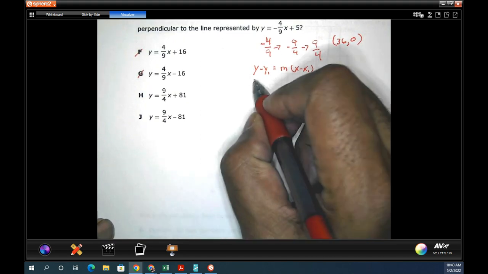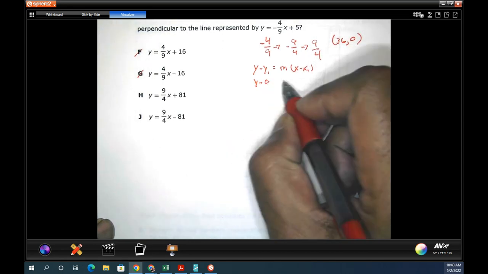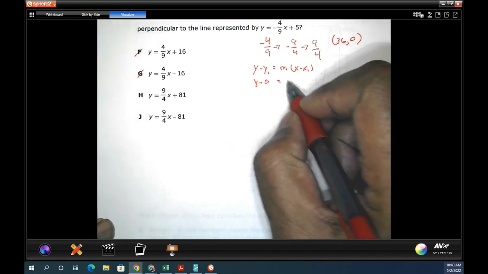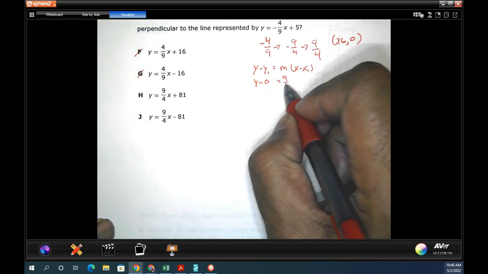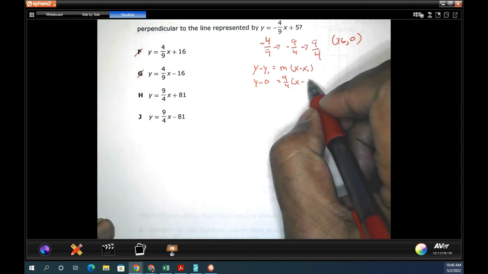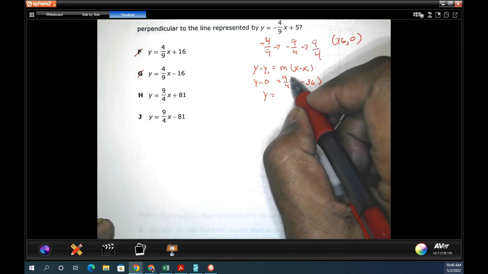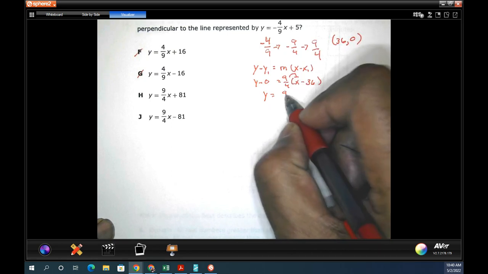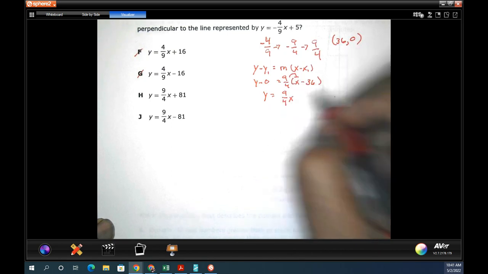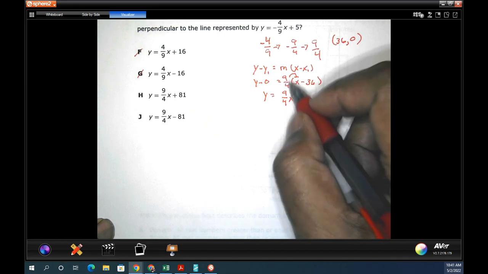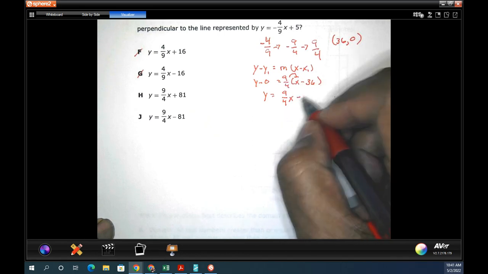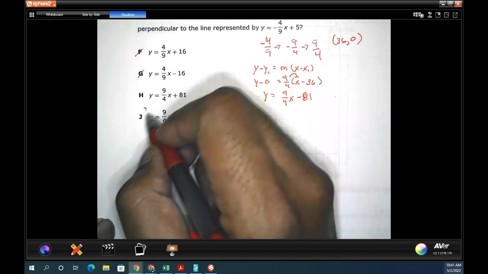So that would be y minus 0 is equal to 9/4 times x minus 36. We can drop that 0, distribute, it becomes 9/4 x, and 9/4 times -36 is -81. There's your answer right there.